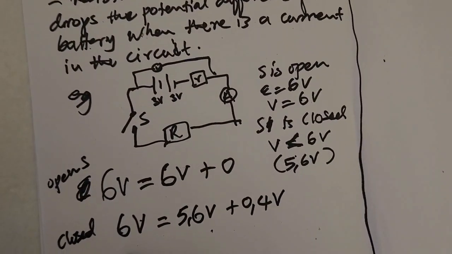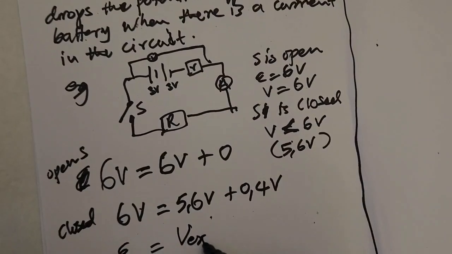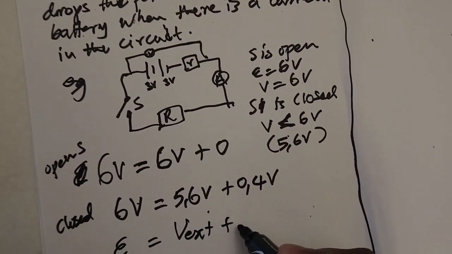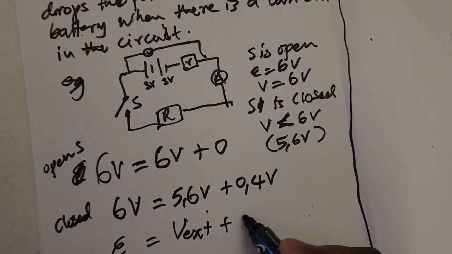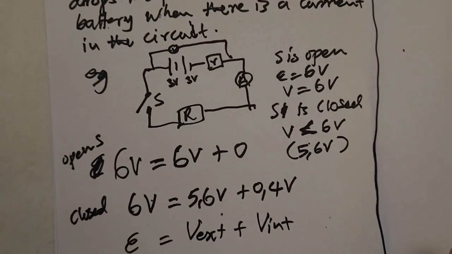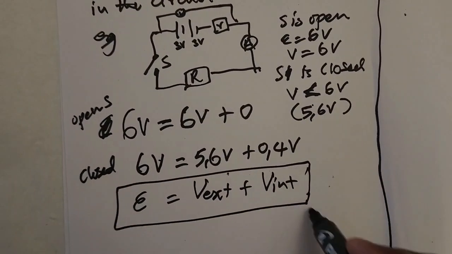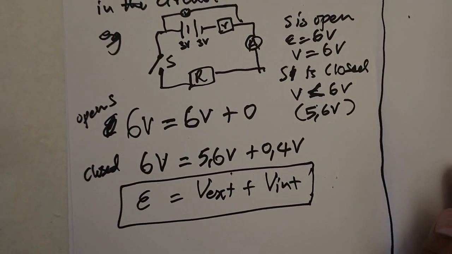So if this is the EMF, this will be the external voltage supplying the external circuit, and this will be the internal voltage. That brings us to one most important expression about the EMF.